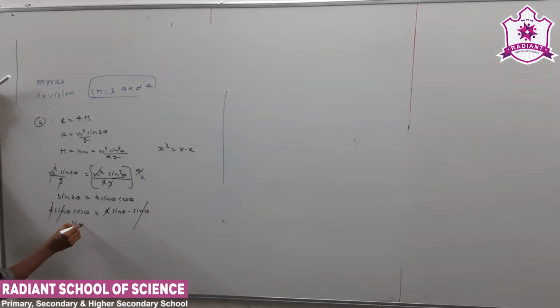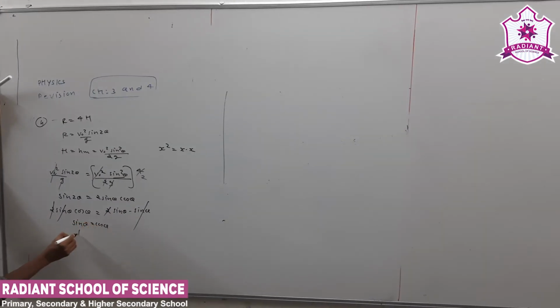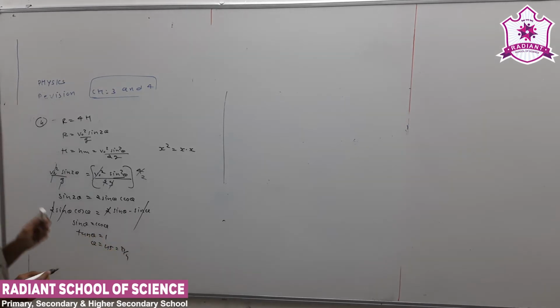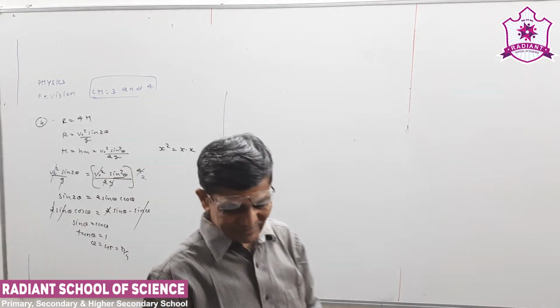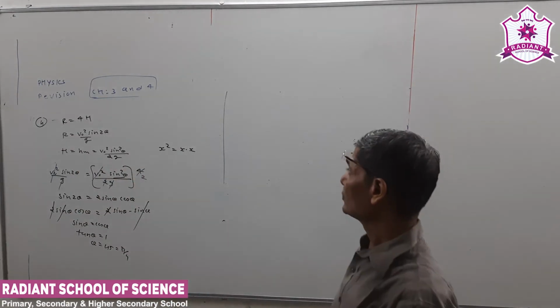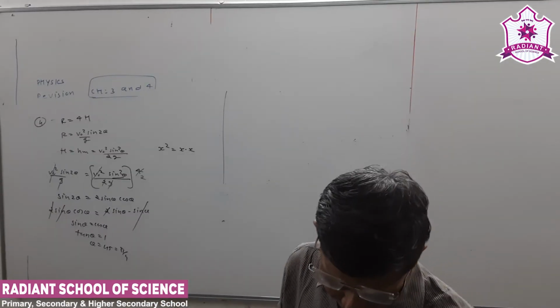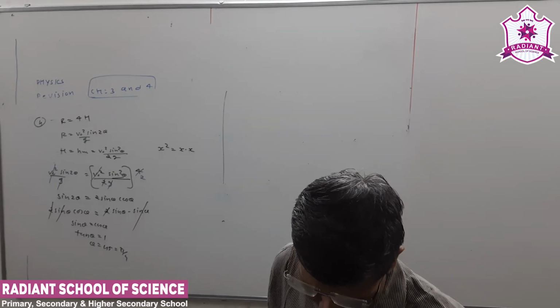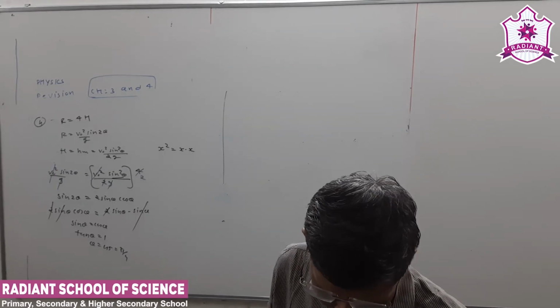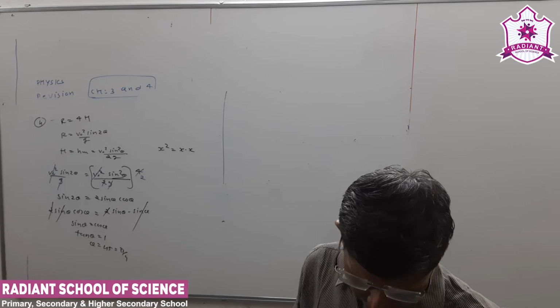So sin theta is equal to cos theta. That is tan theta is equal to 1, theta is 45 or pi by 4. So when the angle of projection is pi by 4, the range will be equal to 4 times the height.